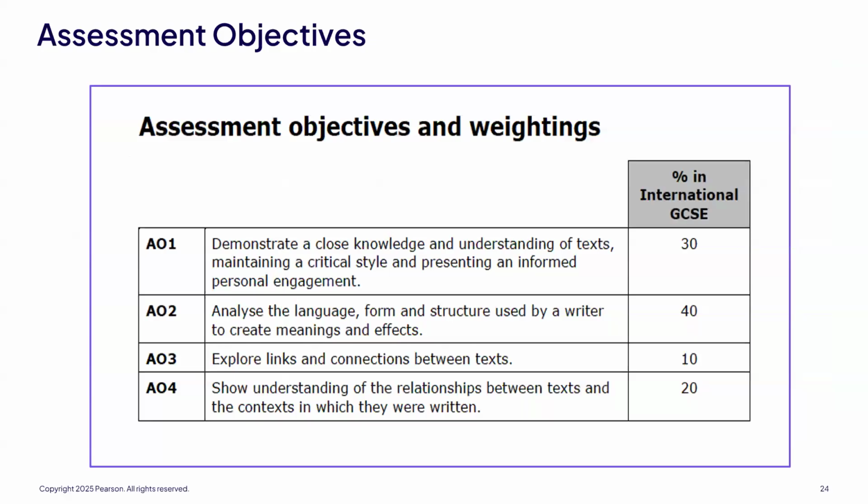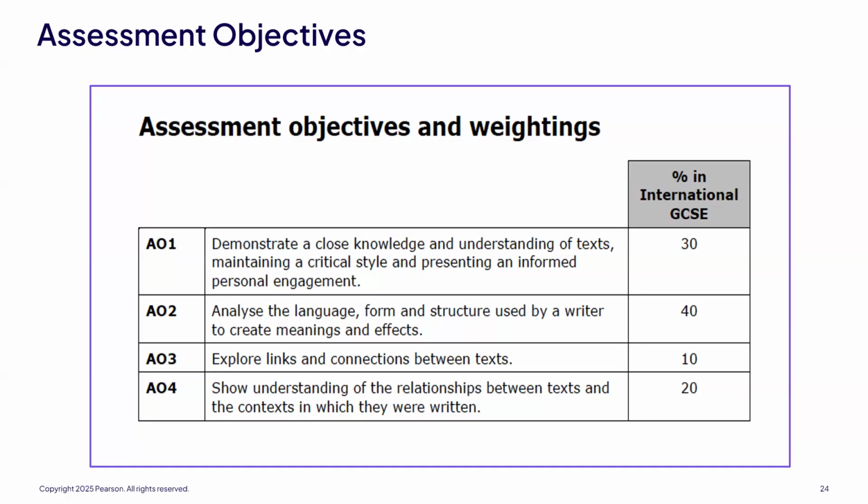So across the qualification, we've got AO1, which is demonstrate a close knowledge and understanding of text, maintaining a critical style and presenting an informed personal engagement. And that's 30% of the final grade. Then we've got AO2, which is analyse the language, form and structure used by a writer to create meanings and effects.